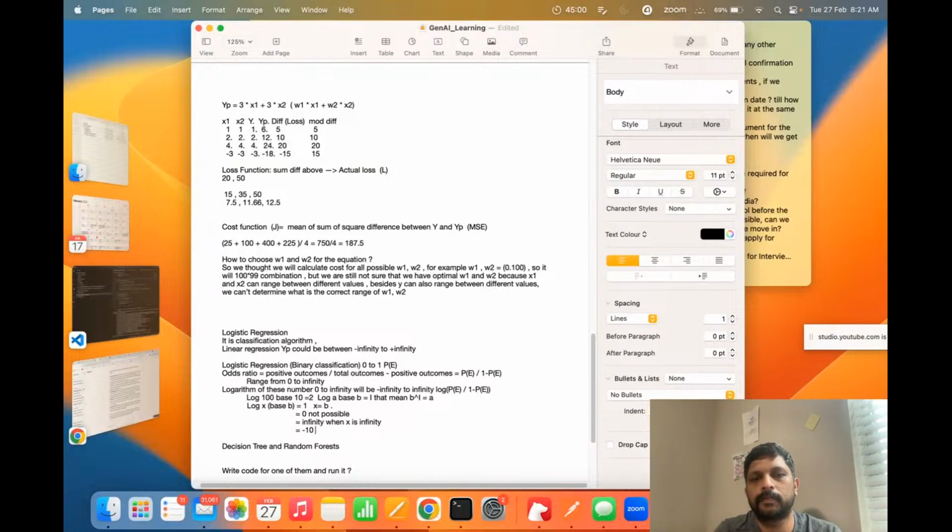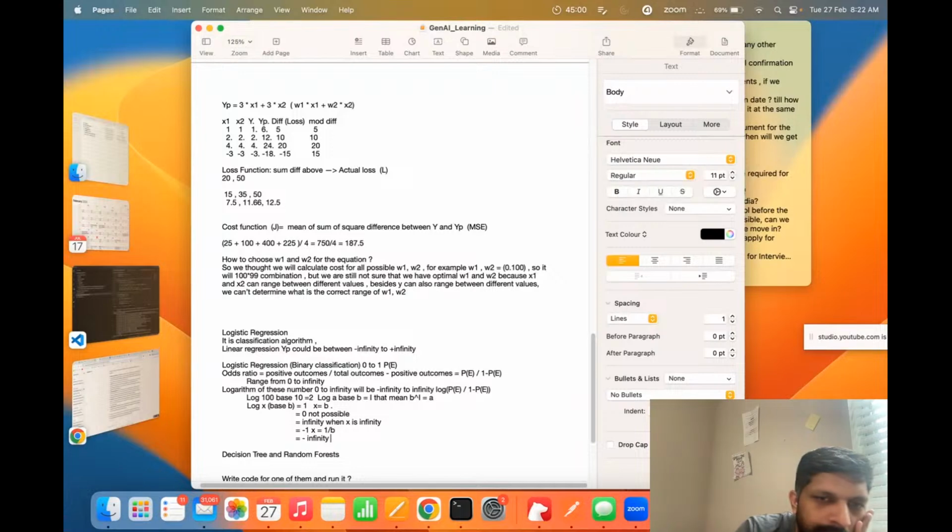Minus 1, let's say minus 1, when x is equal to 1 by b. Minus infinity. B power minus infinity, that's nothing but 1 by b power infinity.